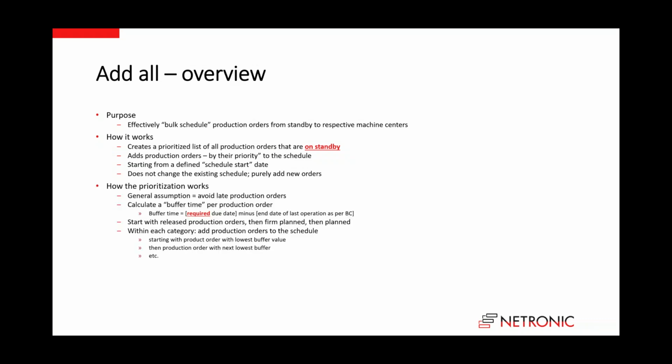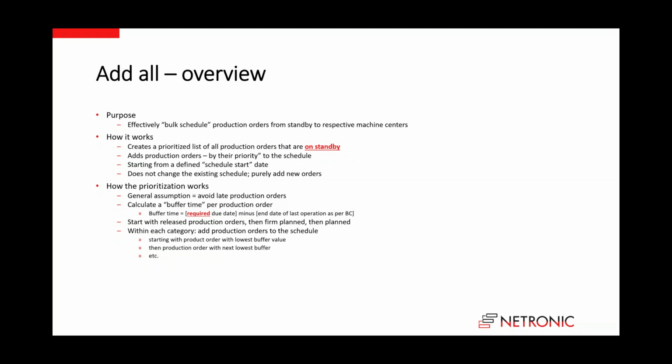So how does the prioritization work? The general assumption for our initial prioritization rule is that we want to avoid late production orders. Behind the scenes we calculate something we call buffer time per production order.